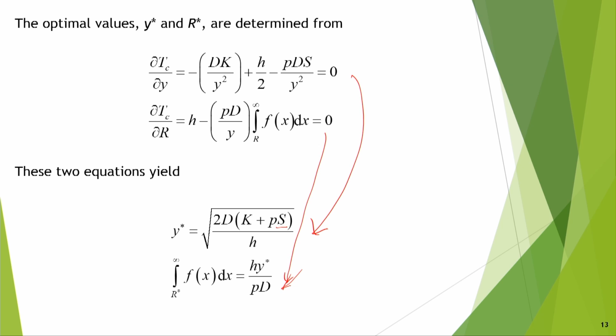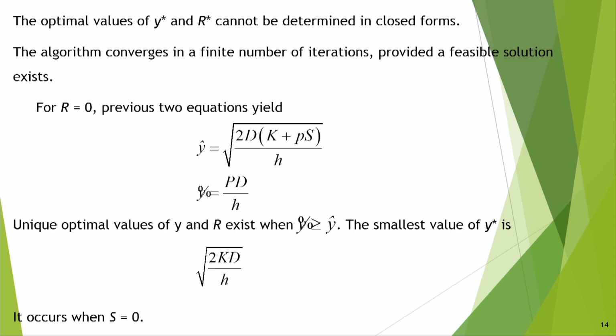So this can be solved by any numerical method. Optimal values cannot be determined in closed form, but the algorithm converges in a finite number of iterations, provided a feasible solution exists. So for R equal to 0, the previous two equations yield this one. Suppose we first take R equal to 0.